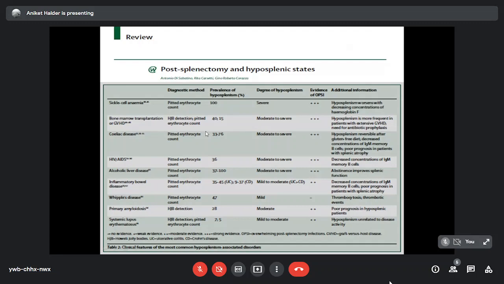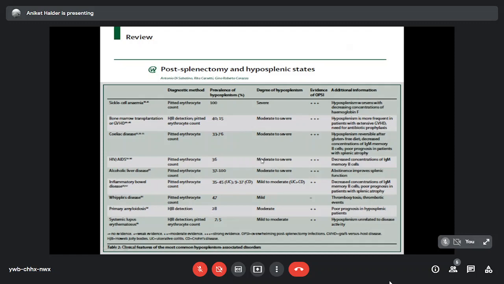It's usually moderate in cases of bone marrow transplantation or celiac diseases, where around 50% of the cases can have hyposplenism. In alcoholic liver disease, HIV or inflammatory bowel disease, around 30 to 40% of cases have shown hyposplenism. Hyposplenism can also be seen in Whipple's disease or different autoimmune diseases.